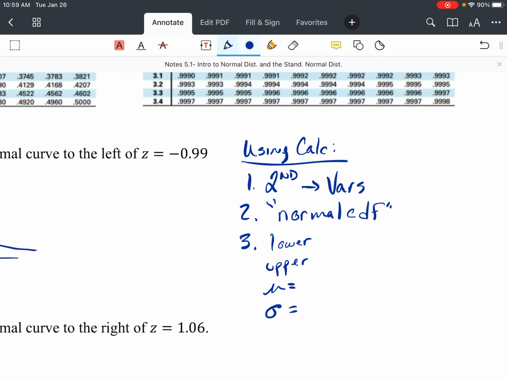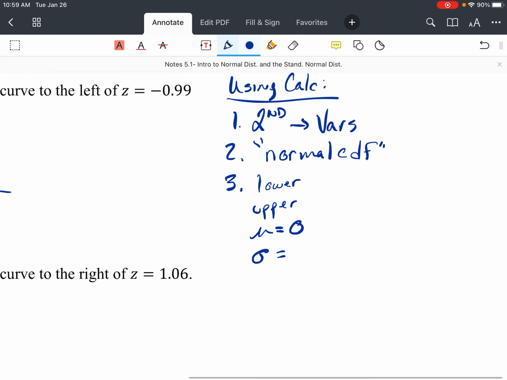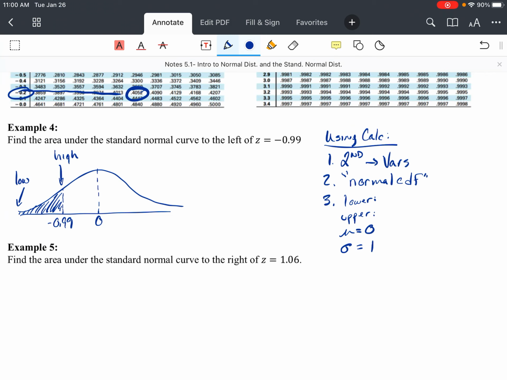Now for the average and the standard deviation, because we're dealing with the z curve, standard normal curve, our average is always going to be 0, and our standard deviation is always going to be 1. And we'll talk about how these change later on, but for right now, it's just going to be 0 and 1.